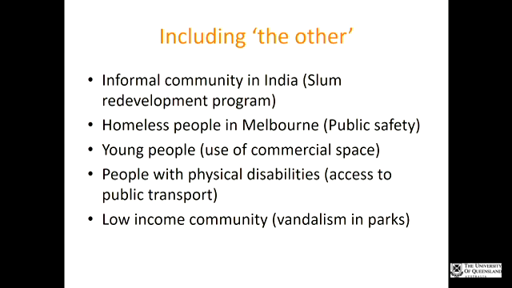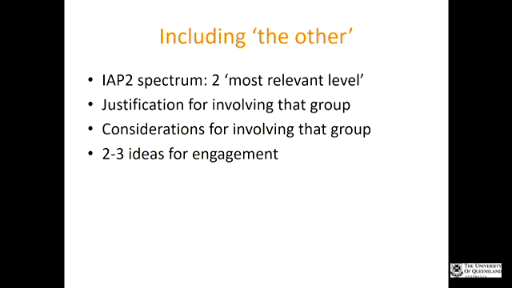So what I will ask you to do is just remember the IAP2 spectrum. You have to evaluate the IAP2 spectrum and propose the 2 most relevant levels that you think apply to your specific case. You need to justify why you should use this level of involvement, and why you should involve that group in the specific case, the considerations of involving that group, and 2 or 3 ideas of engagement.